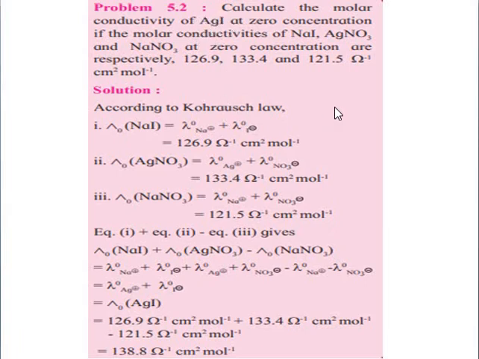According to the Kohlrausch law, the first point is the molar conductivity of sodium iodide, lambda 0 Na plus lambda 0 I minus, equals 126.9 ohm inverse centimeter square per mole. Second, the molar conductivity of silver nitrate equals lambda 0 Ag plus lambda 0 NO3 minus, which is 133.4 ohm inverse centimeter square per mole.